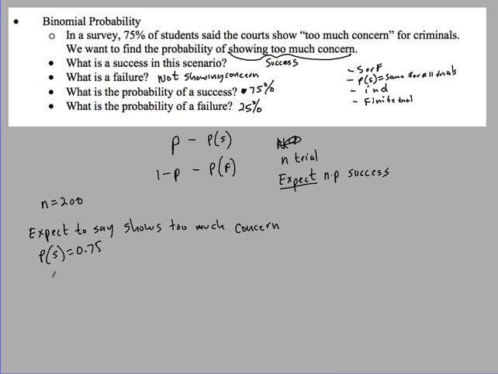So if I had 200, that would be 150, which is 200 times 0.75. If you run this number, you should get 150 people, which is the mean of a binomial.